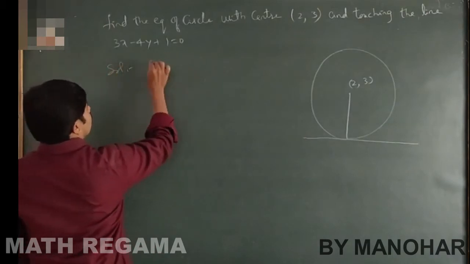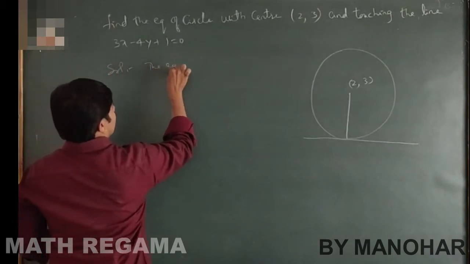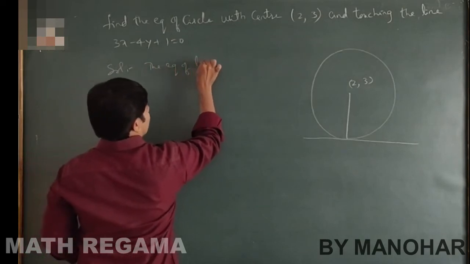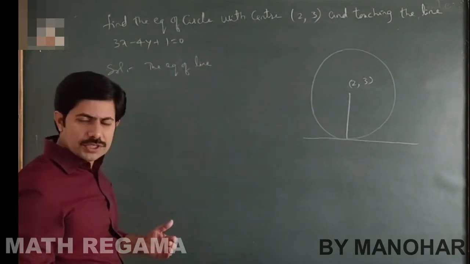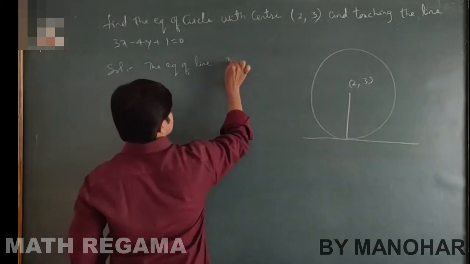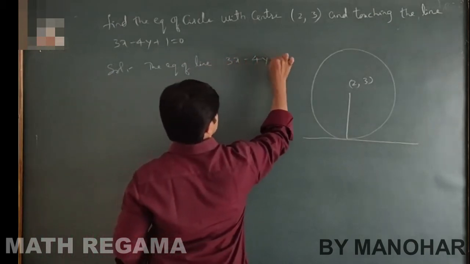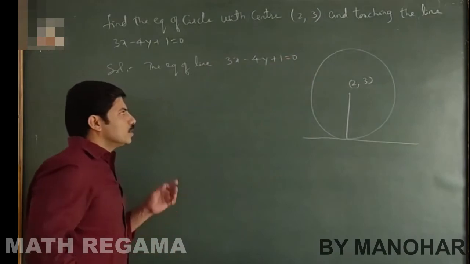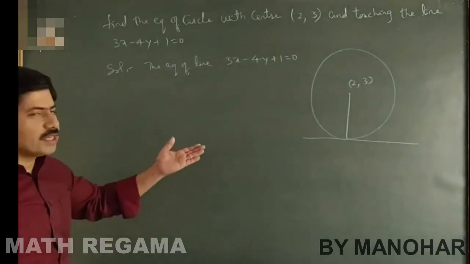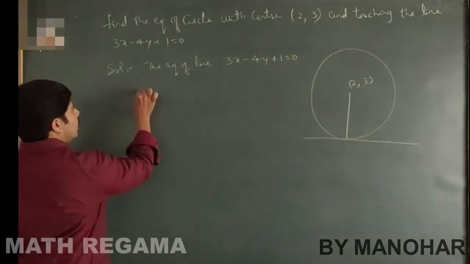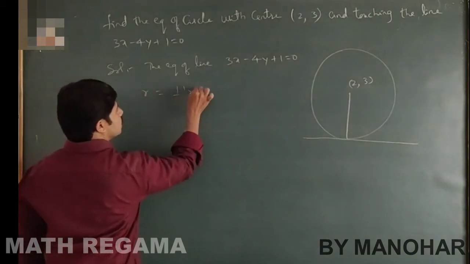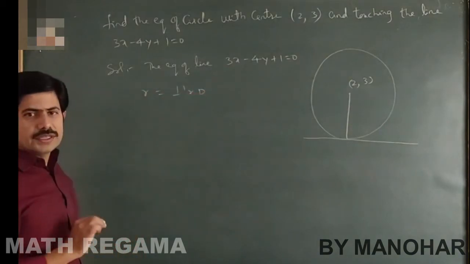Solution. The equation of the tangent, the equation of the line, both are the same. So that is 3x minus 4y plus 1 is equal to 0. So 3x minus 4y plus 1 is equal to 0 is tangent to the circle. So it is nothing but radius is equal to perpendicular distance.